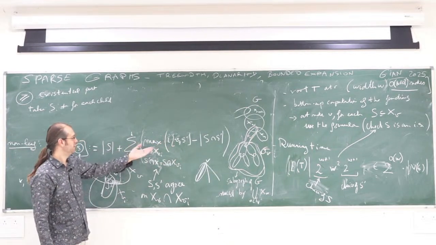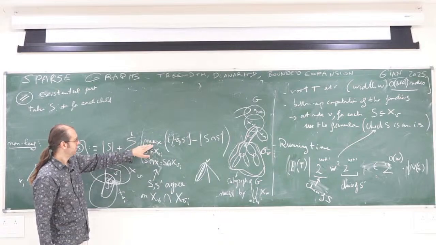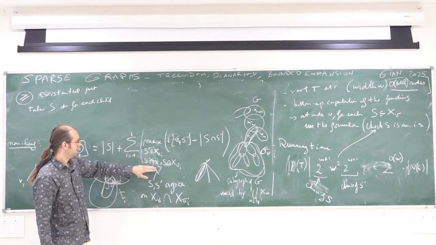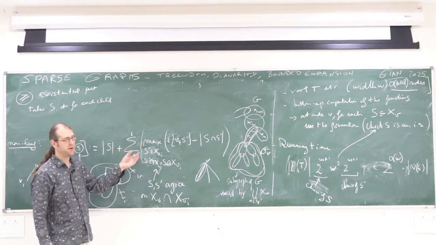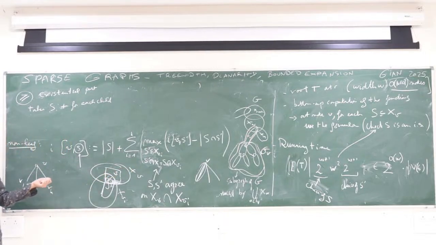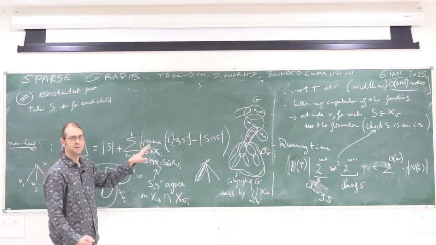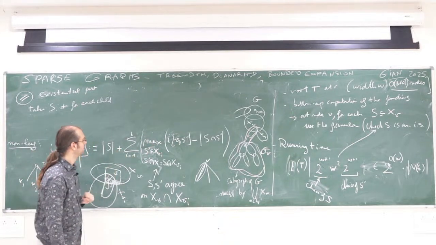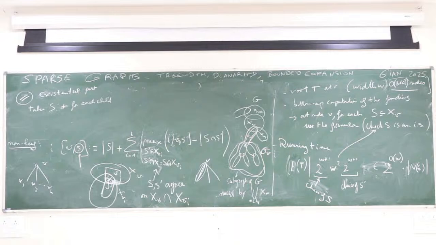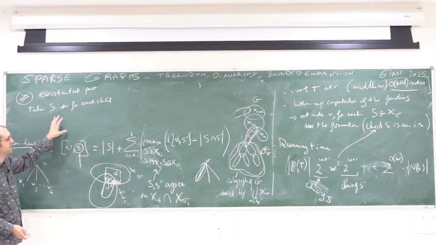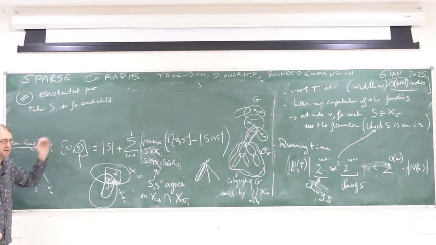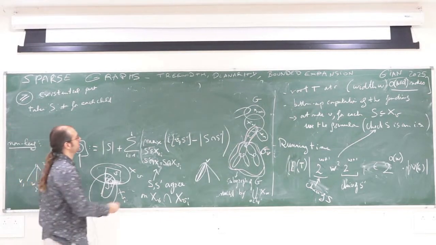This formula tells me I'm taking the maximum for each child over all the S primes which agree with S on the intersection. I take the ones that give me the largest independent set, and I do this for all the children. So what I get is an independent set. This is maybe the important thing to see.